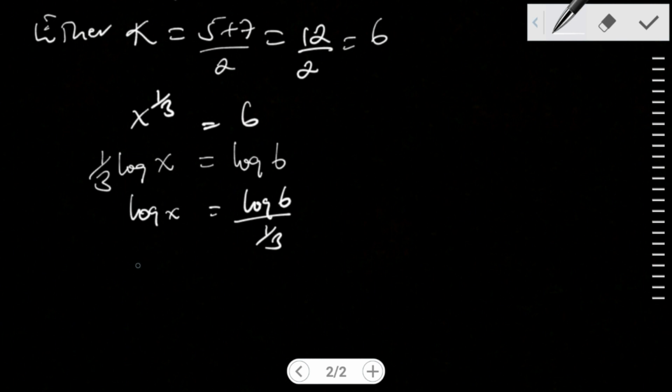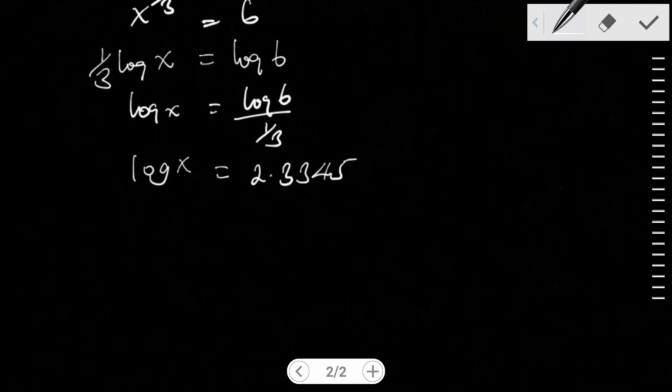Therefore log of x would be equal to 2.3345, of which to get the value of x in this case we get the antilog.